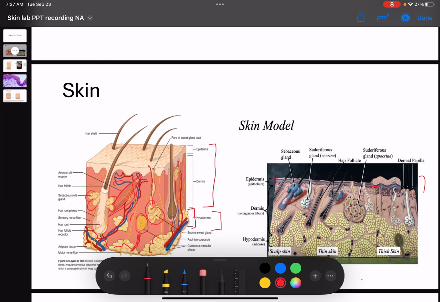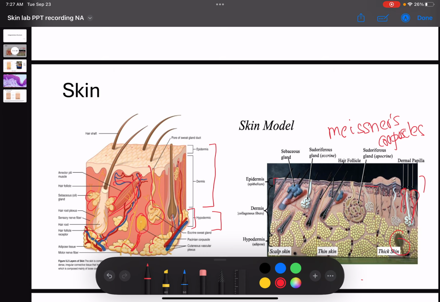If you see here, there is another balloon-like structure over here. This is a Meissner's corpuscle, which detects touch and texture.